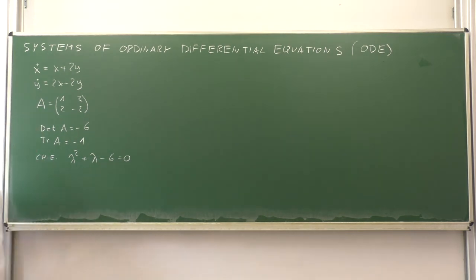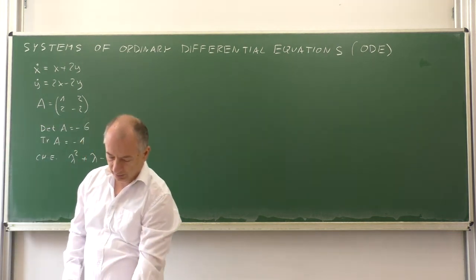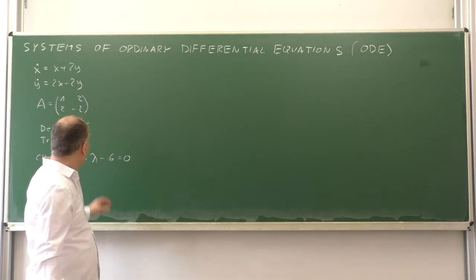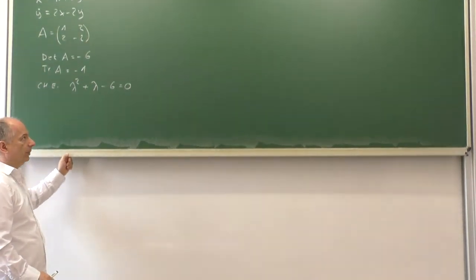Let me explain this computation in more detail, why the characteristic equation is exactly in this way.